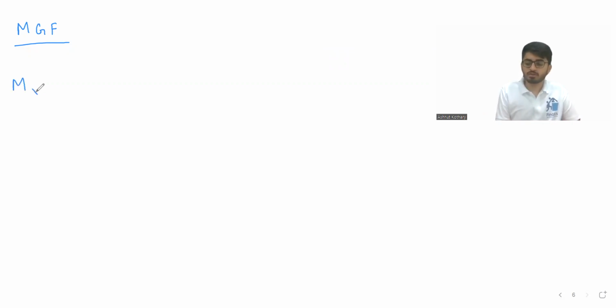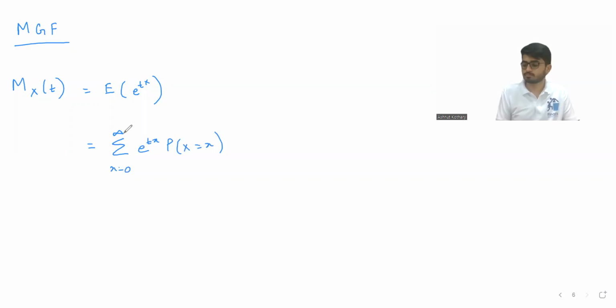The representation of this is M_X(t). PGF was P, MGF is M. And cumulative, if you guess it, it will be C_X(t). This is nothing but the expectation of e to the power tX. In case we have a discrete random variable, it becomes summation of e to the power tx times p(x).